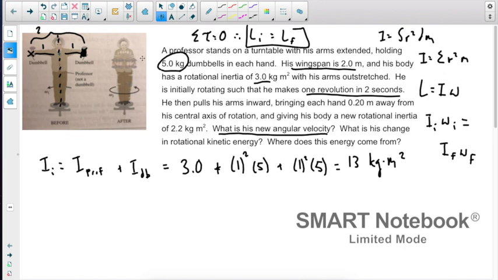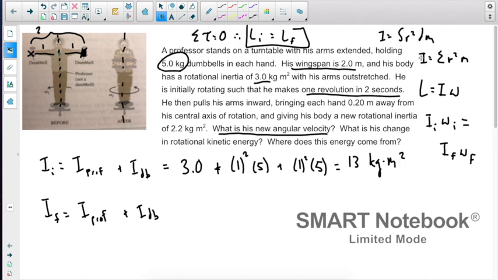Why is that the case when he brings these dumbbells in towards his center? Well, think about this. If we think about the change in his rotational inertia after he brings those dumbbells in, he has more mass closer to the axis of rotation.